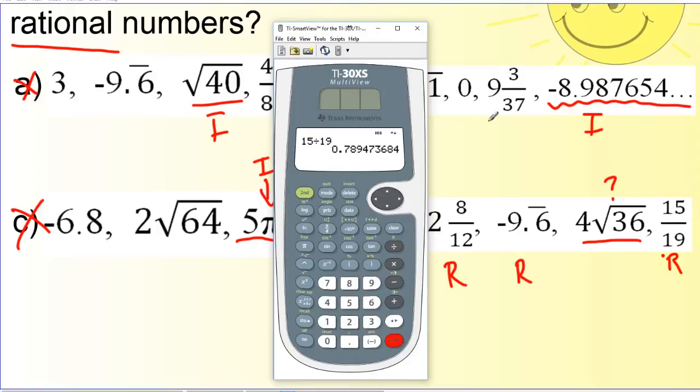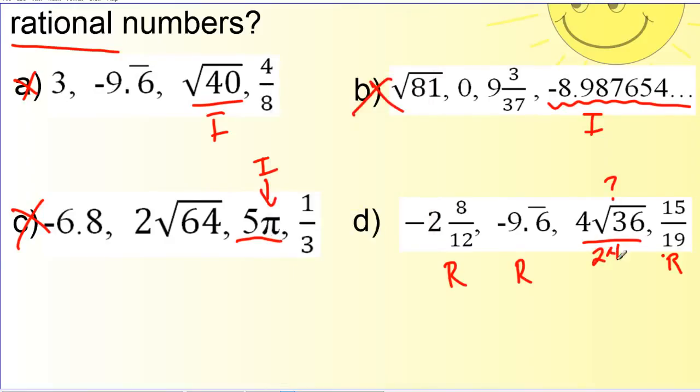No decimals. So now, 4 times the square root of 36. 4 times the square root of 36 equals 24. So this guy's just the number 24 written with square roots and stuff. So that is rational as well.